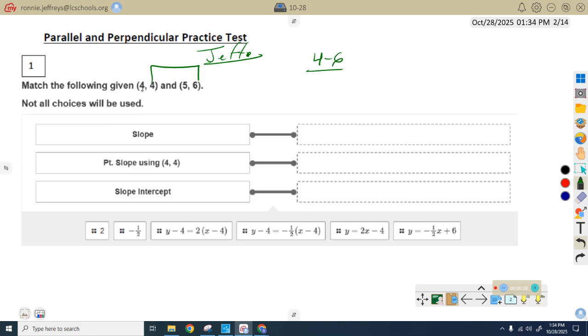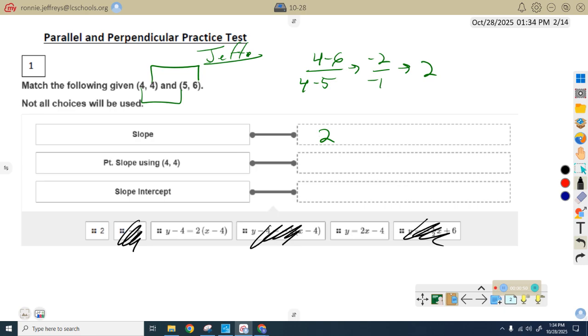So 4 minus 6. 4 minus 5 to -1. All right, 2. If you get the slope correct, you can mark out all the answers where the slope is incorrect. Now that puts a lot of pressure on you to get the slope correctly.